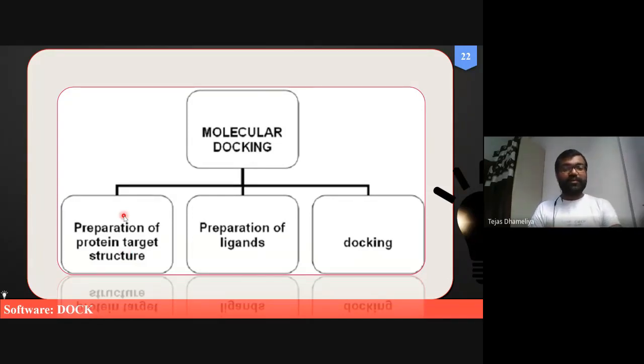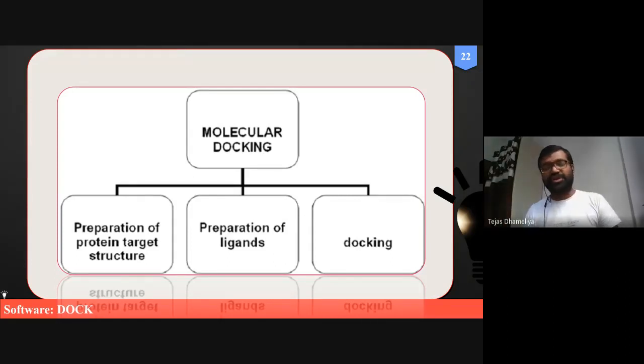Now this protein, where are we going to procure it from? We are going to procure such protein from RCSB PDB, which is basically a kind of protein data bank. So if you search on Google for RCSB PDB, you will find it.